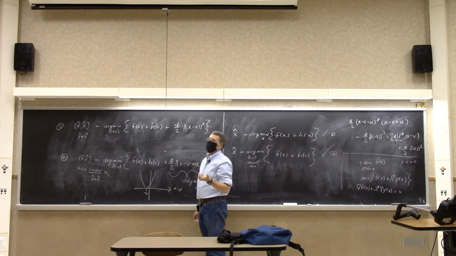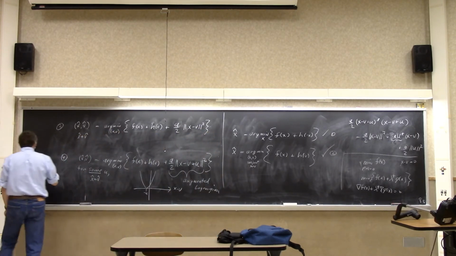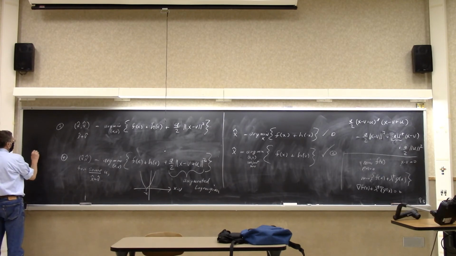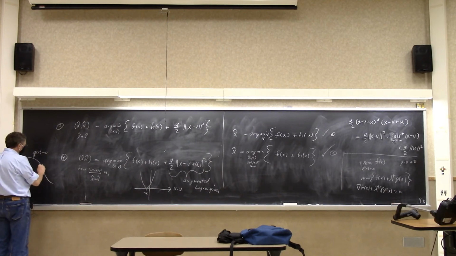Well, it is multiplying the thing that's constrained to be 0, but it's not right. With the Lagrange multiplier, the surface g of x represents a manifold. I don't want to get into too much detail because I'll confuse everybody.